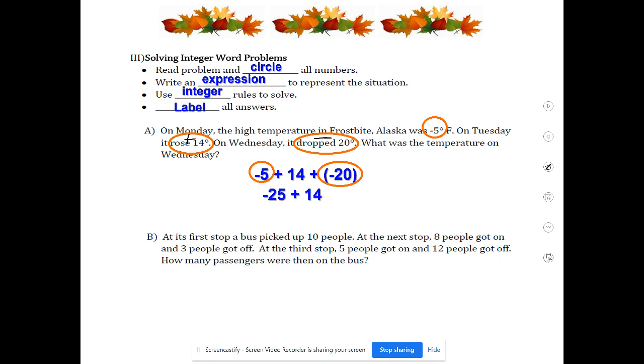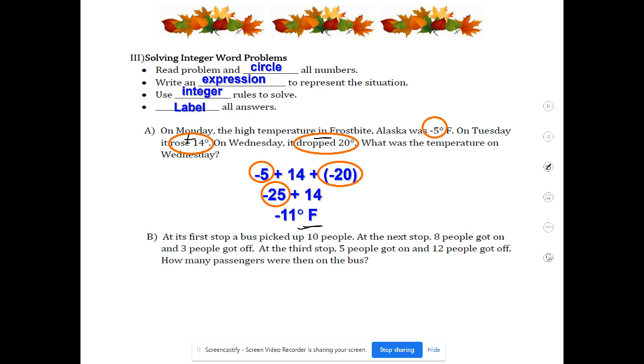Negative 5 plus negative 20 is negative 25. And we add on the 14, negative 25 plus 14, they're different signs, so we subtract them. 25 minus 14 is 11, and there's more negatives, so it's negative. So negative 11 degrees Fahrenheit. And make sure you do have that label there. When we have word problems, we need to make sure we label.